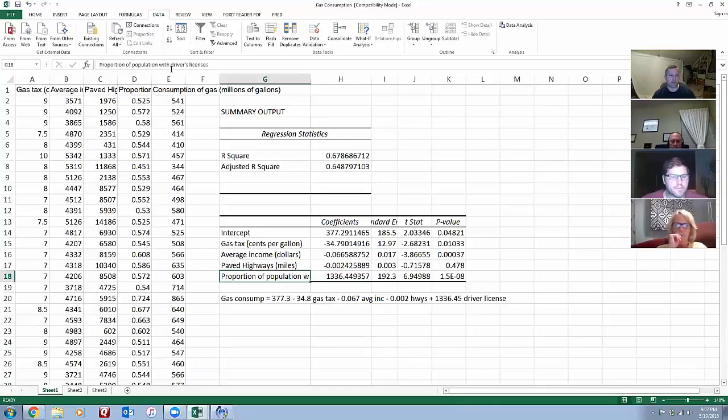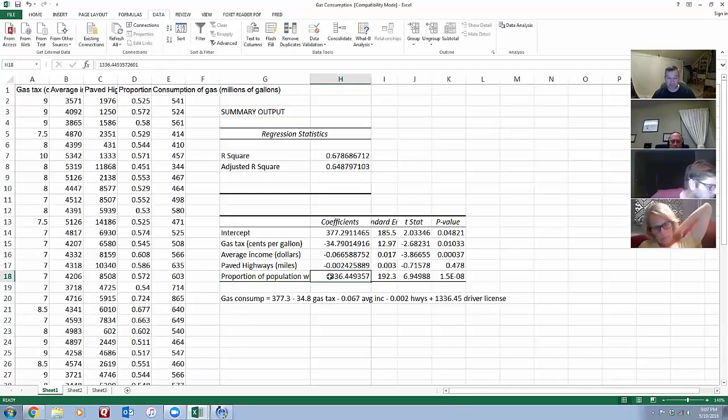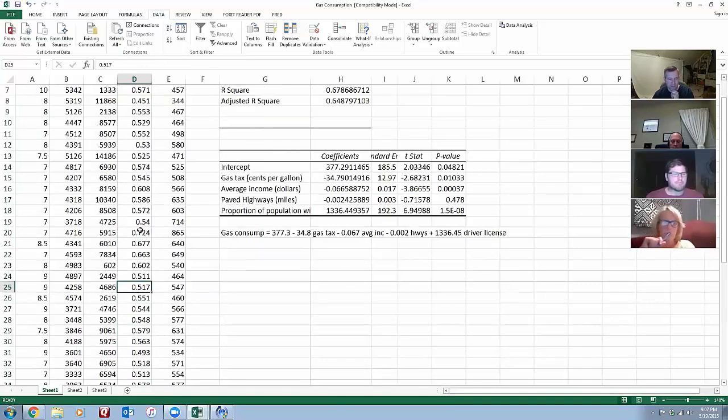The proportion of the population with a driver's license is in percentages. That would be a little weird, because if I were to increase this variable by 1 unit, I would get a change in the consumption of gas by this many millions of gallons. But since this is a proportion, since these are all less than 1, I can't ever really increase it by 1 unit.